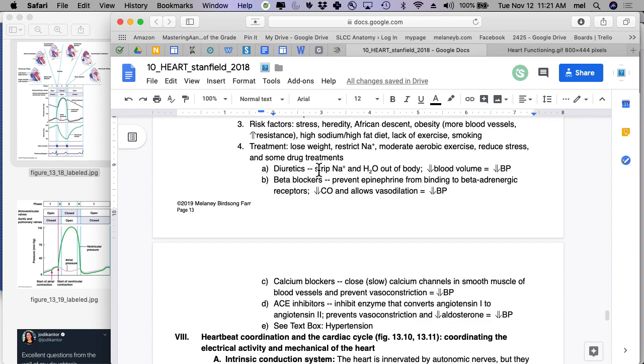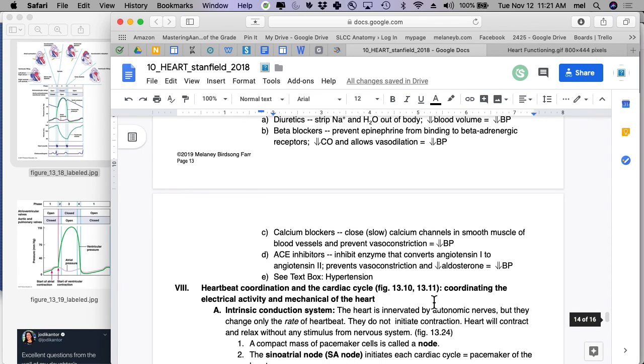And you'll say, how about a diuretic? Because that impacts volume, right? All of the drugs for high blood pressure hit heart, vessels, volume, okay? Diuretics decrease blood volume. A beta blocker prevents epi from binding to beta adrenergic receptors on both the heart and the vessels. So it hits heart rate, stroke volume. It also allows for vasodilation.